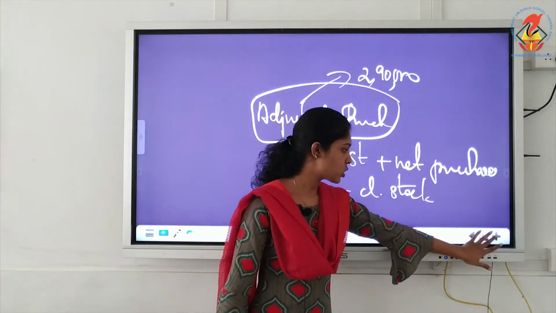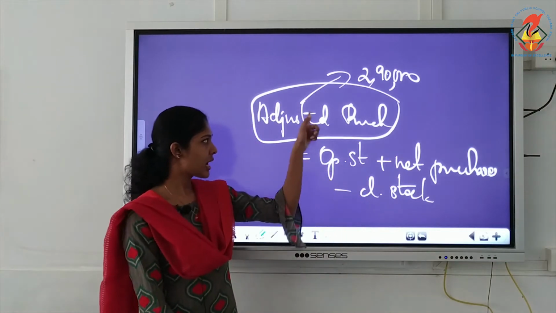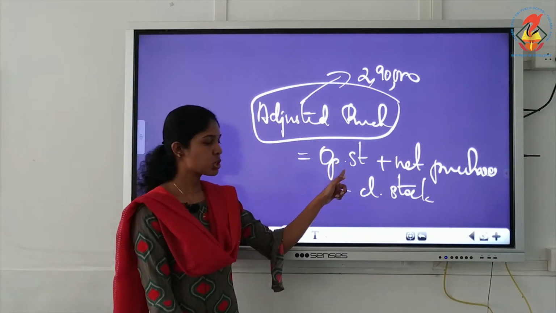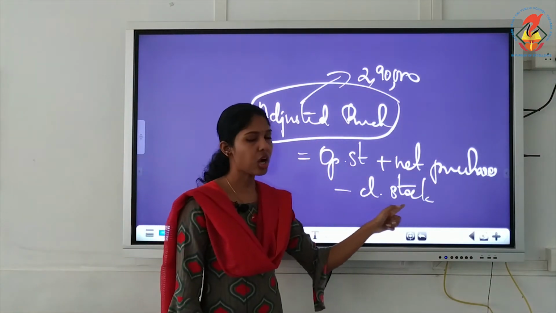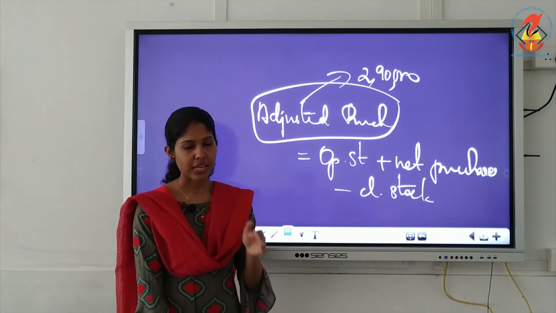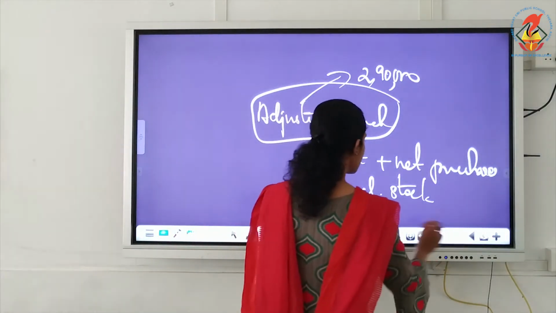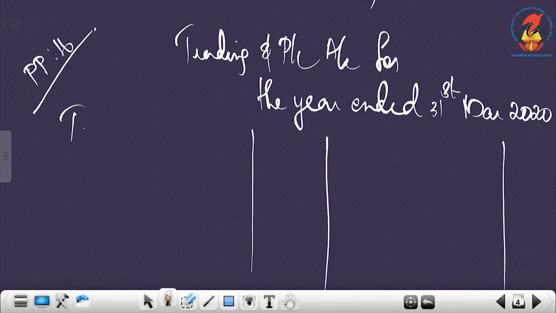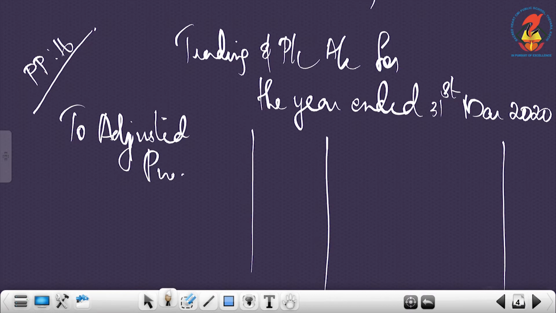So, adjusted purchases means all these are adjusted and no need to show opening stock and closing stock in the trading account. So, we will start the trading account with adjusted purchases. So, To adjusted purchases, the amount is 2,90,000.